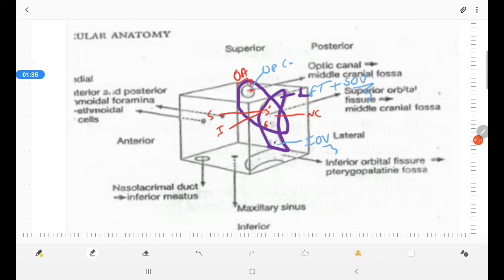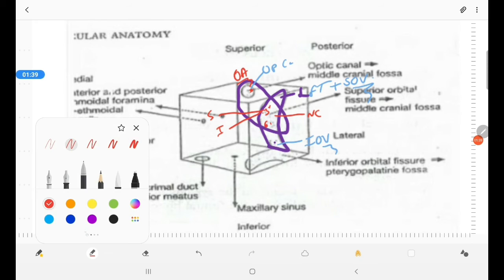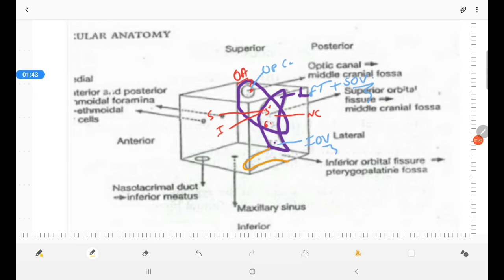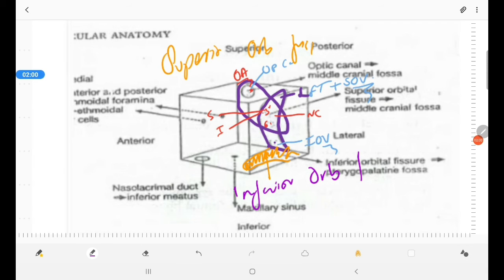What I am trying to say here is there is an inferior orbital fissure here. So we have discussed the superior orbital fissure. Now there is an inferior orbital fissure. Now what does the inferior orbital fissure transmit?